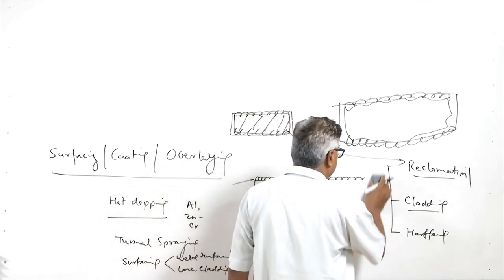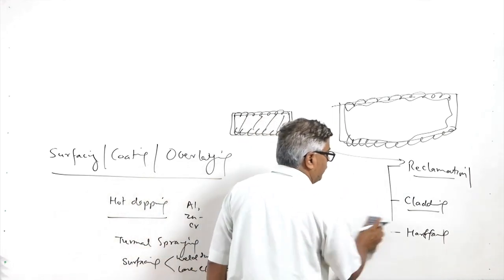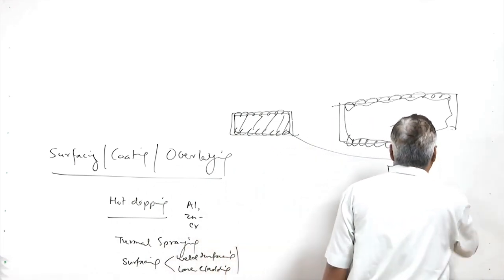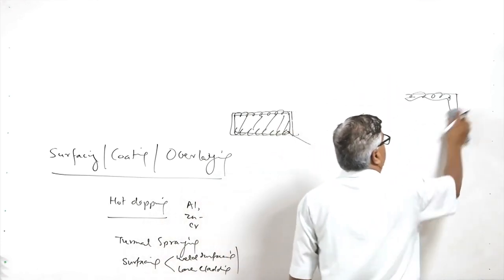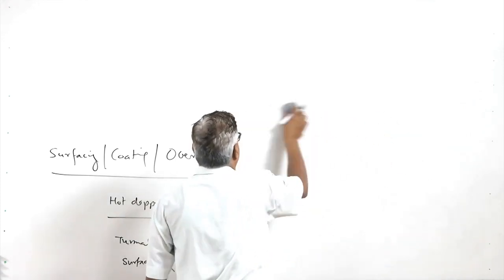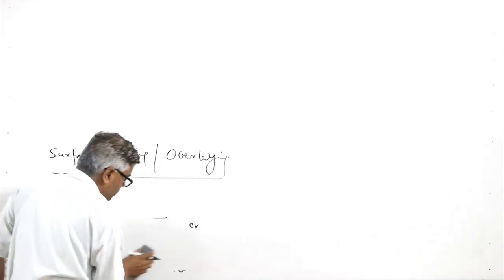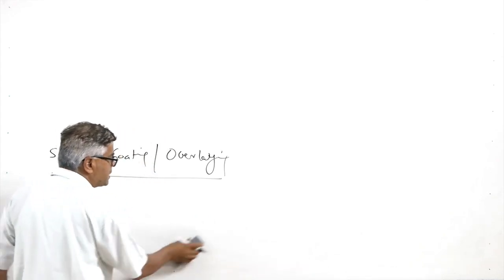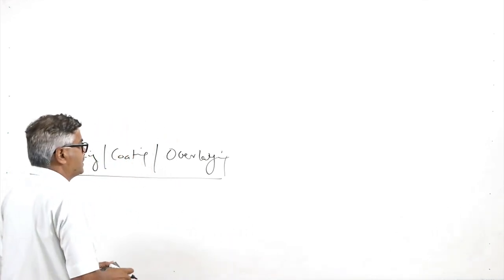And hard facing helps to increase the surface layer hardness for improved abrasion and adhesion resistance, so that the rate of material loss from the surface during service can be reduced for improved life of the component. Now, for these three categories of processes, we will see the basic principles used.